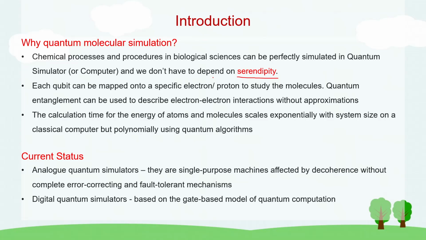One example is that penicillin was accidentally invented by Alexander Fleming. So today we have to depend on a lot of luck or accidents to get our problem solved, which can be avoided using a quantum computer.